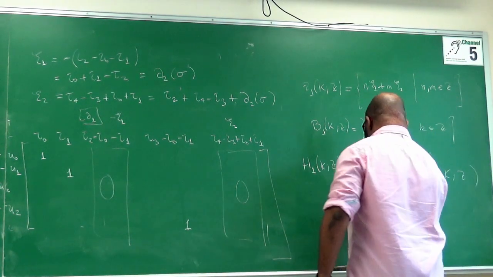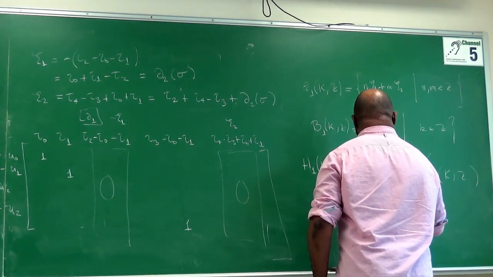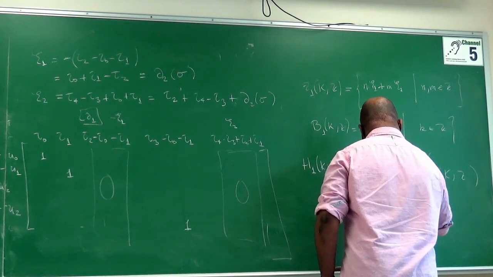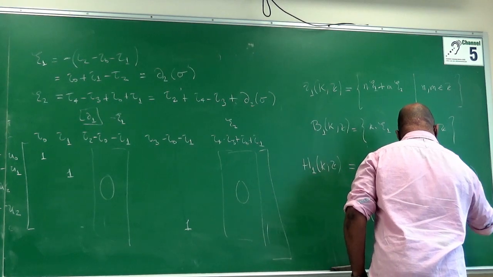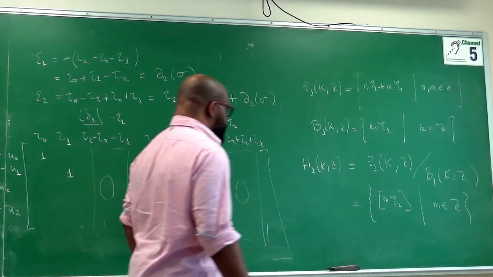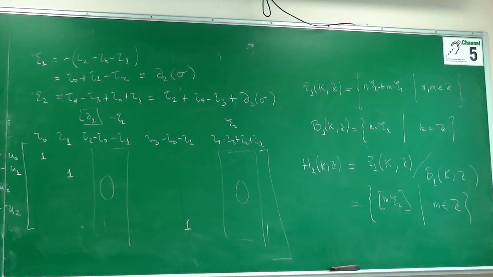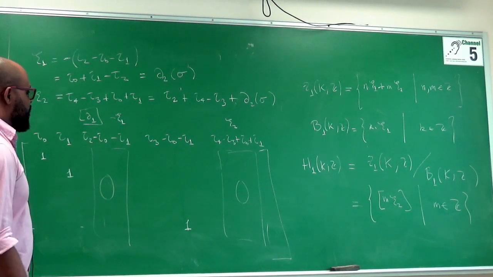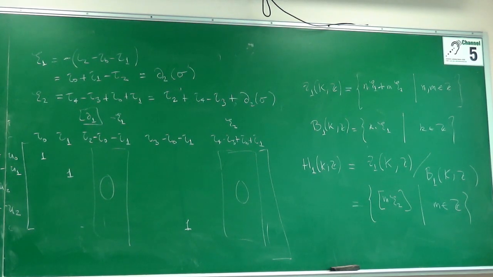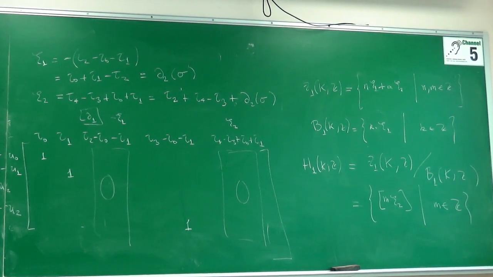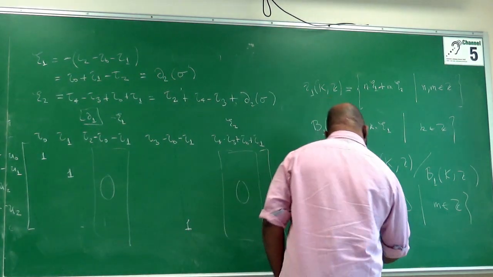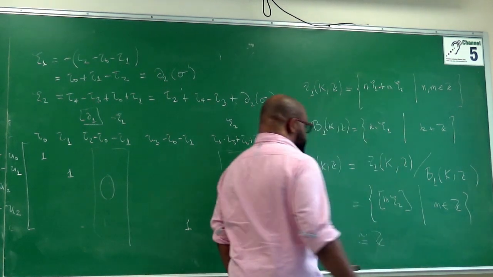So this is really just the class of m zeta 2 with m in Z. And look who zeta 2 is. Zeta 2 is going around like that, which we've seen is the same thing as going around like here, because it differs by a boundary. Okay. So we got the right answer.